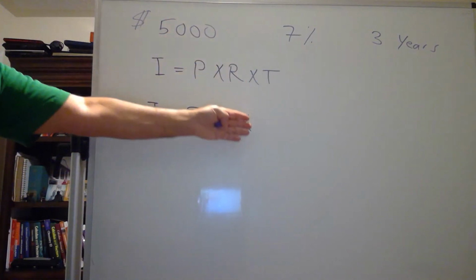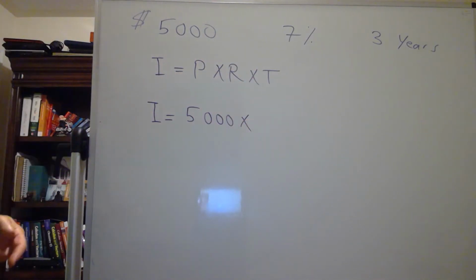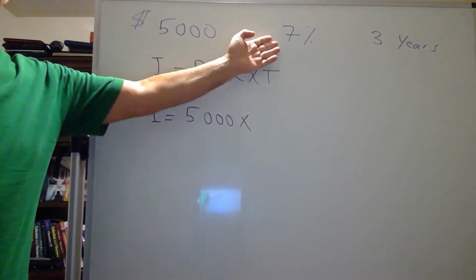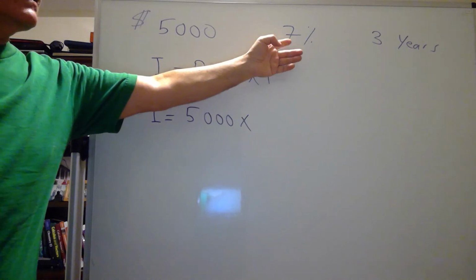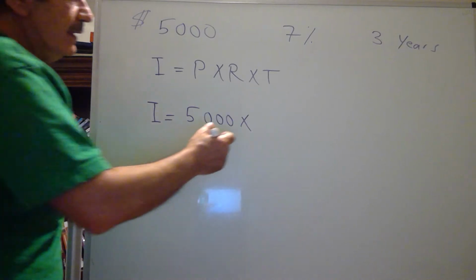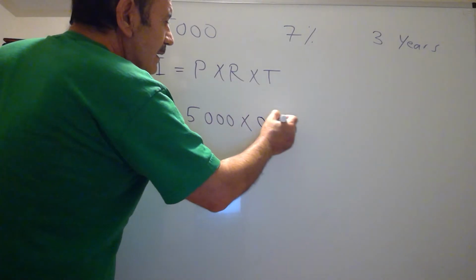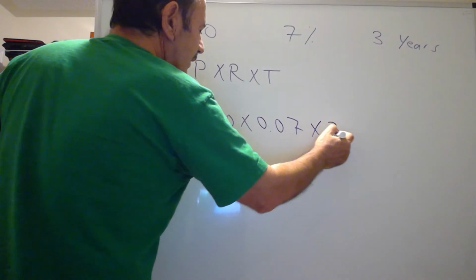When we are substituting the percent in the formula, we should convert it to decimal format. If you remember, converting percent to decimal, we divide by 100, or we move the decimal 2 positions to the left. 7 divided by 100 is going to be 0.07. And how much is the time? It is going to be 3 years.